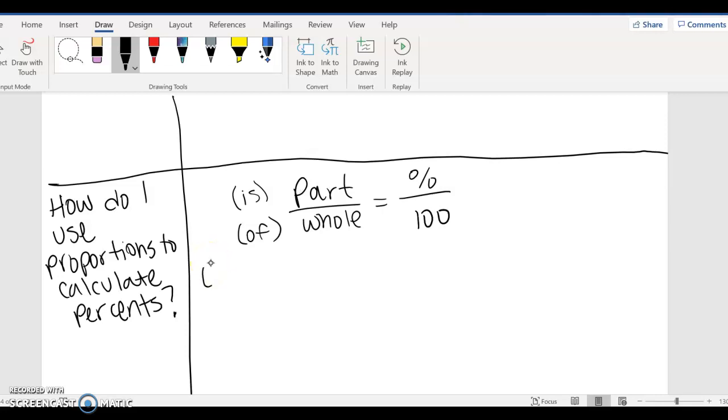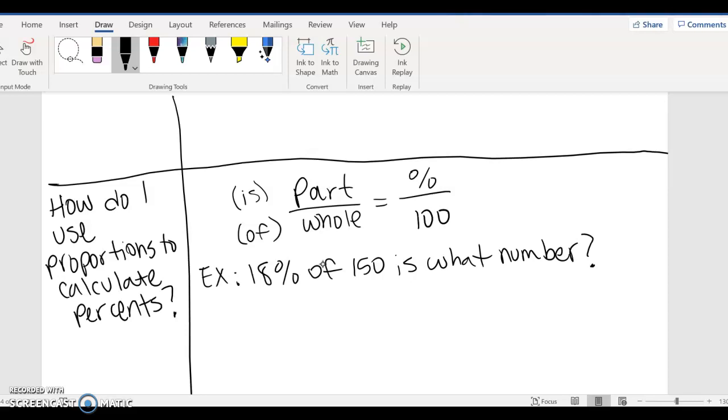So the first example that we're going to start with is 18% of 150 is what number? Okay, so to start this off, every time you need to just set up your proportion outline.